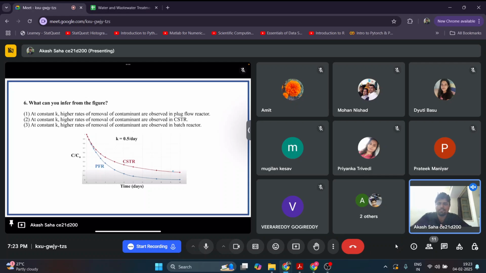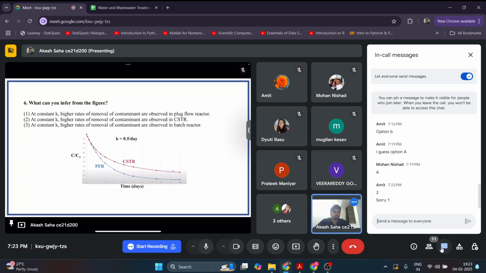So what can you infer? It is talking about the removal rate in plug flow and CSTR. In which case do we have a higher removal rate? Anyone else?